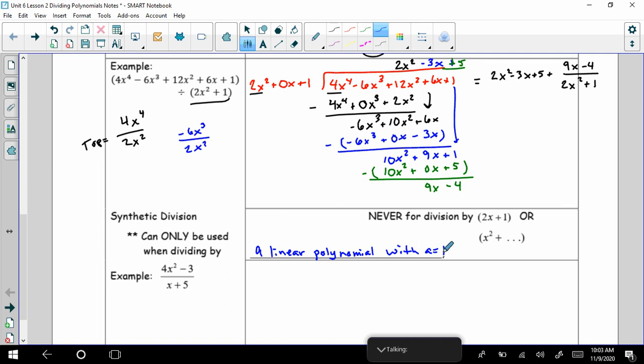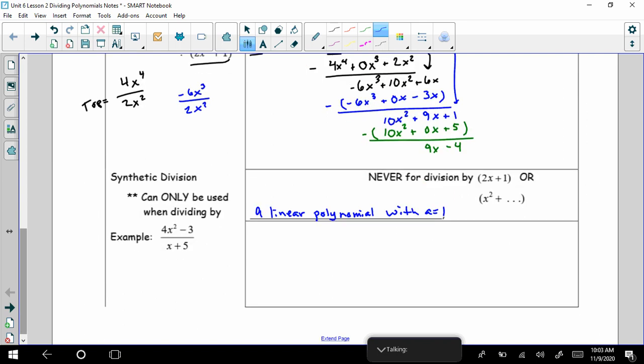And that's not to say that you can't manipulate it and get rid of the a and then put it back later on. It's just a really long process to do that. So it's much easier if you just follow this rule, linear polynomial with a equals 1. So no exponents in the denominator and no lead coefficients.